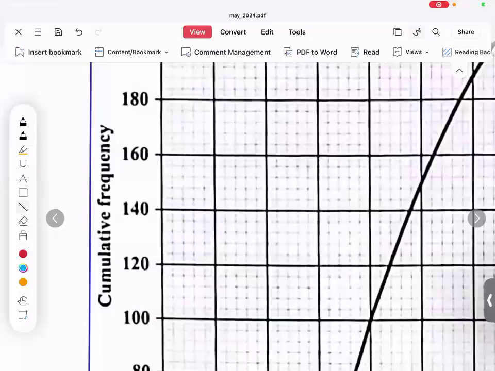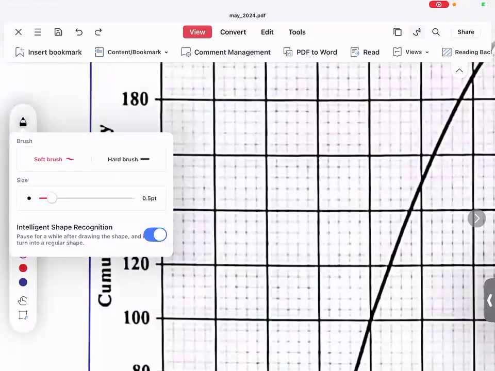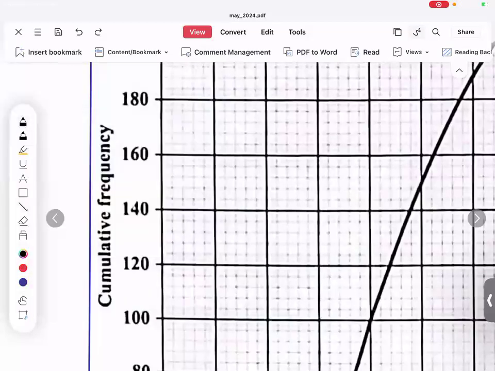So this is 164, not true? Are we in agreement? Really? I thought it went by 4. We said 4, not true? Okay, yes. So that's a 164 and it's a 168, not true?